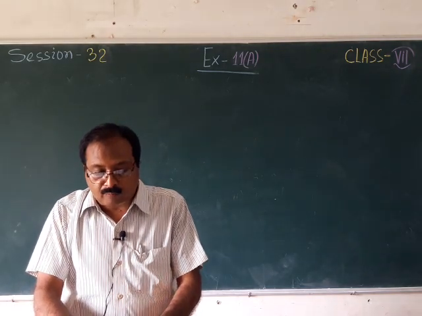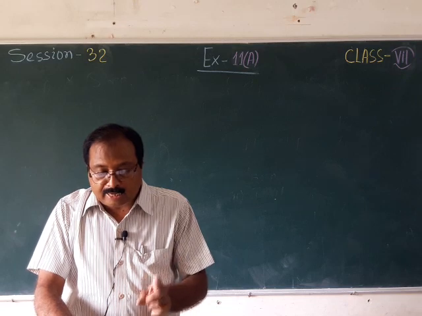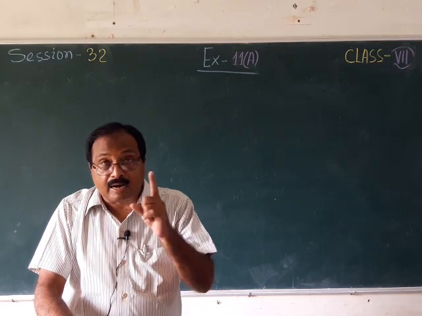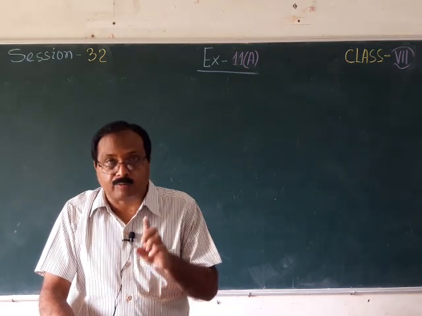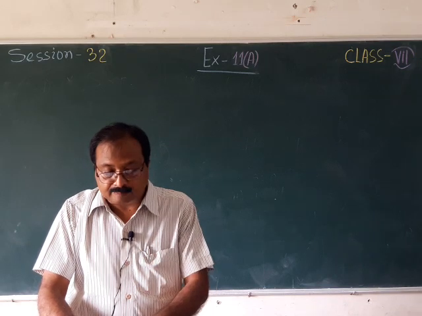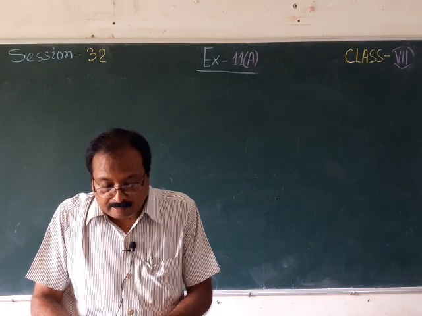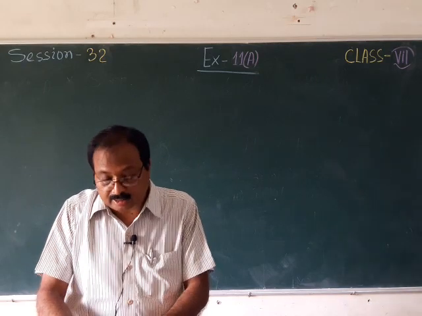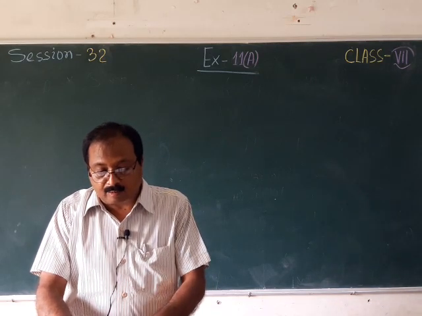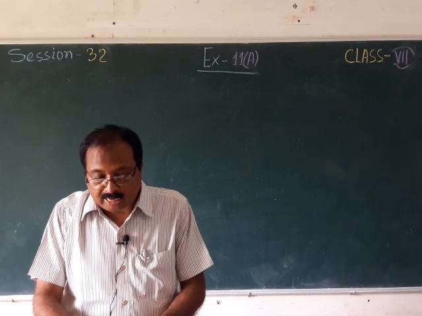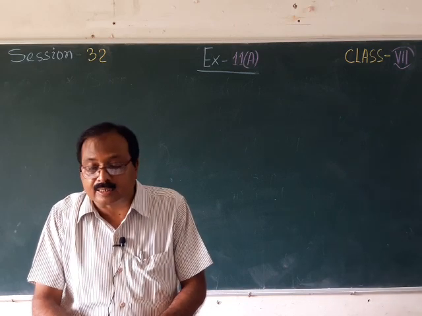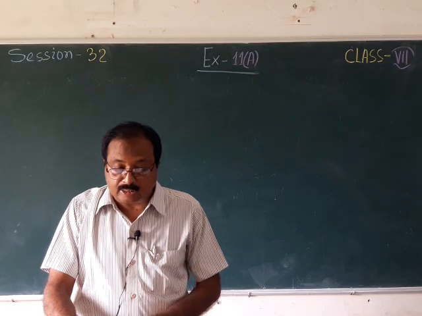Number C: the sum of the angles formed on a straight line is 180 degrees. What is the answer for C? 180 degrees. Then D: the sum of a linear pair of angles measures 180 degrees. Then E: the sum of all the angles formed at a point is 360 degrees. You can write that in your book.